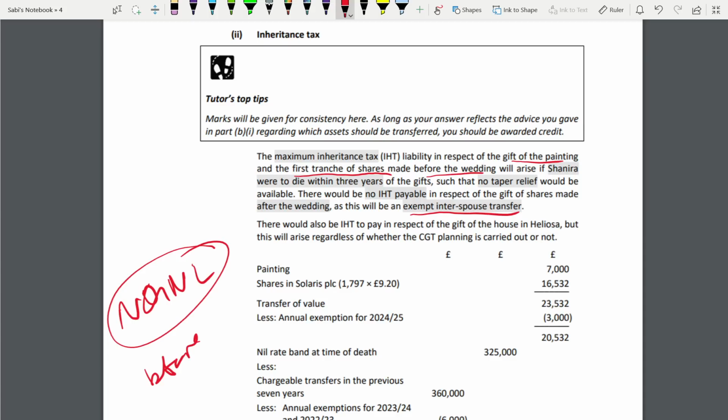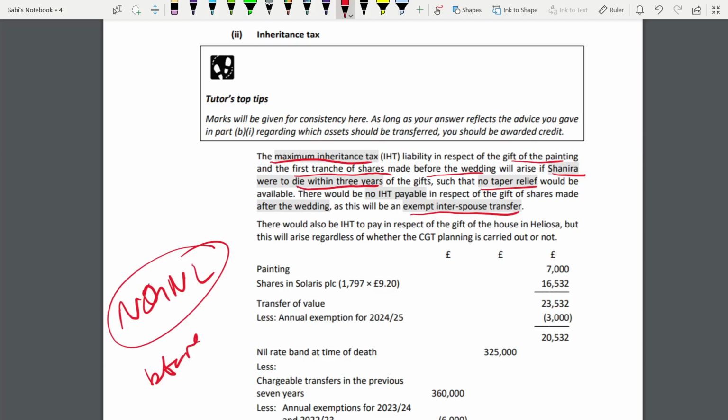And also, if Shanira were to die within 3 years, you have to talk about this death. You have to link this with the taper relief, because if you die within 3 years of the gift, no taper relief. That is maximum. See the question, they told maximum inheritance tax. They didn't tell you minimum.